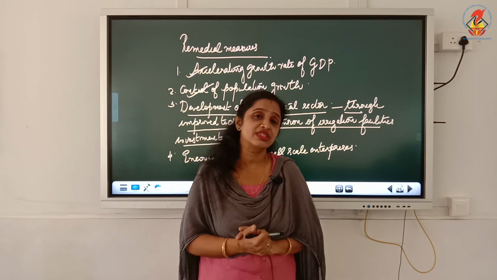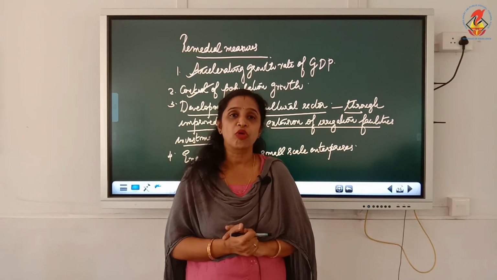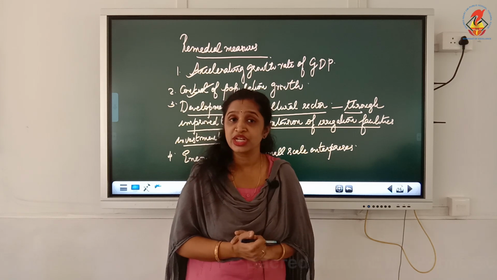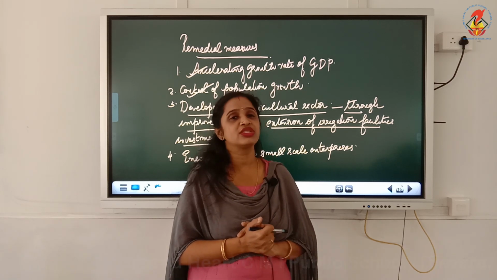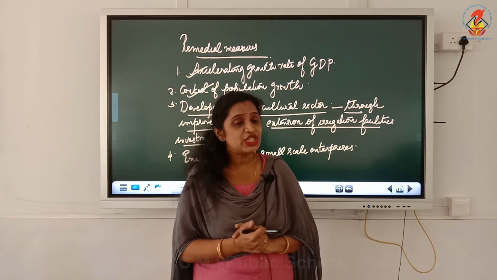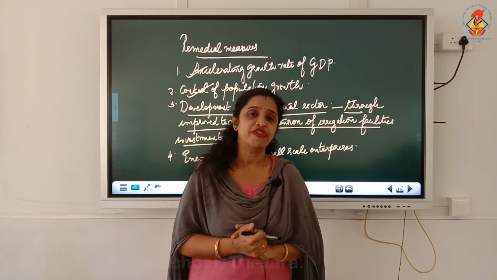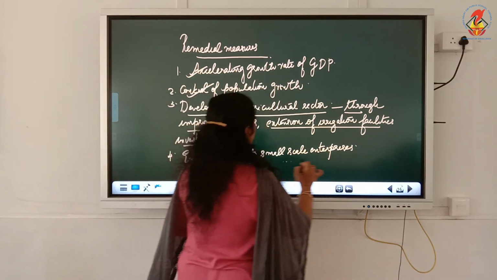So, financial assistance from the part of government can remove the problem of unemployment in the agricultural sector. Along with financial assistance, we also need to bring technologies into the agricultural sector, then subsidies to the farmers, then expanding the irrigation facilities. Next comes encouragement to small scale industries.